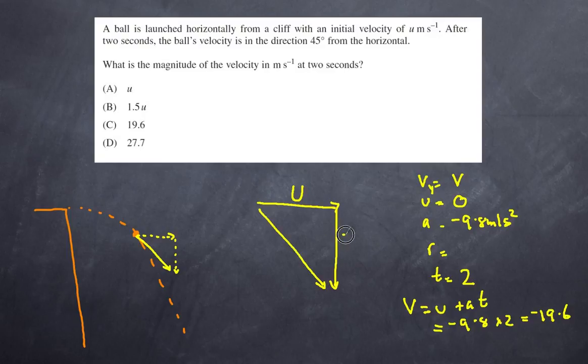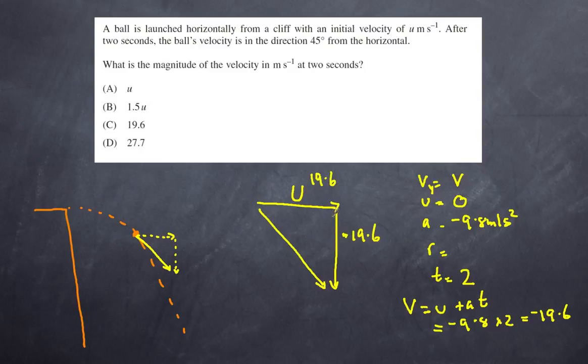So this is negative 19.6. But hold on, this value here is this value. So this is also 19.6. Now I'm just going to remove this negative because that negative only suggests that it's going down over here.